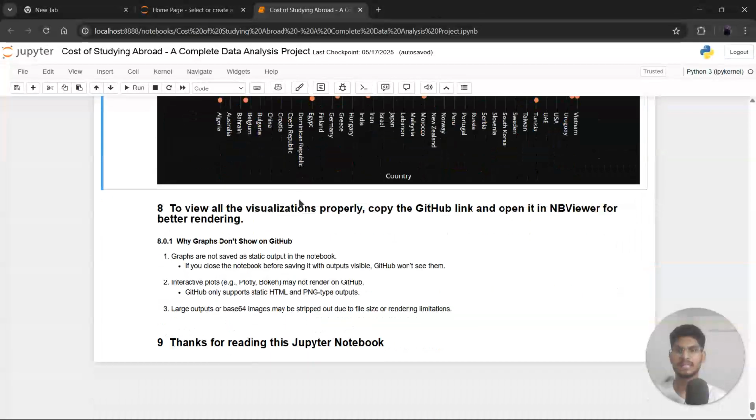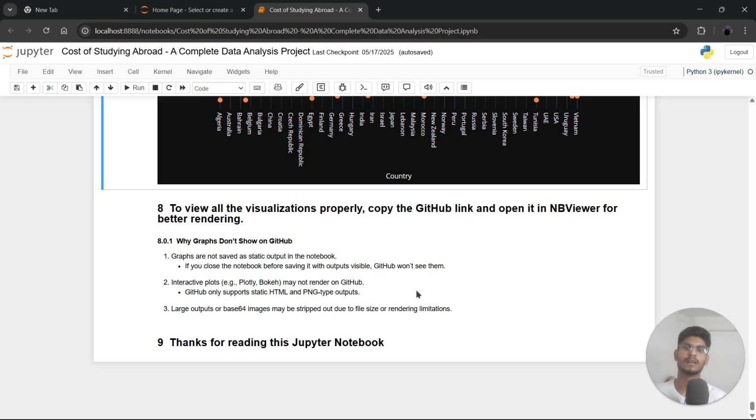So that you can see right here why graphs don't show on GitHub. Graphs are not saved as static output in the notebook. If the graphs are in static form, meaning you can't interact with them, which I create by using Seaborn, those charts will be seen in your notebook, or in my Jupyter, or in my GitHub link.